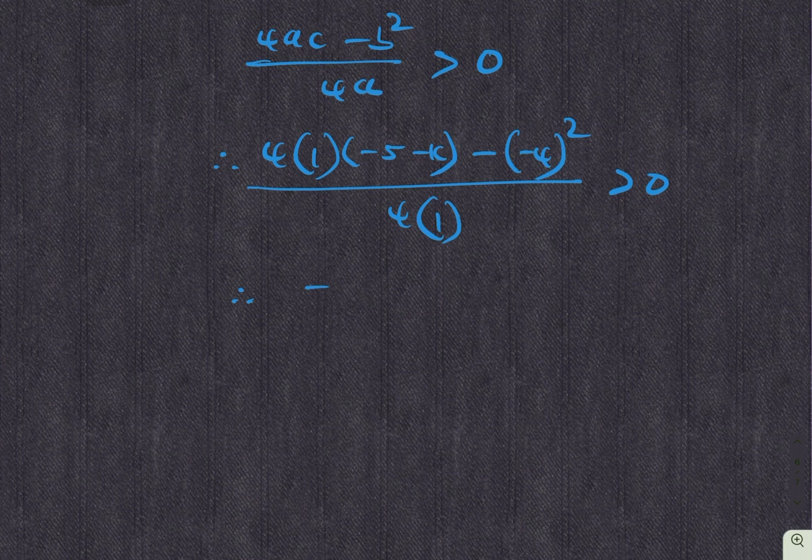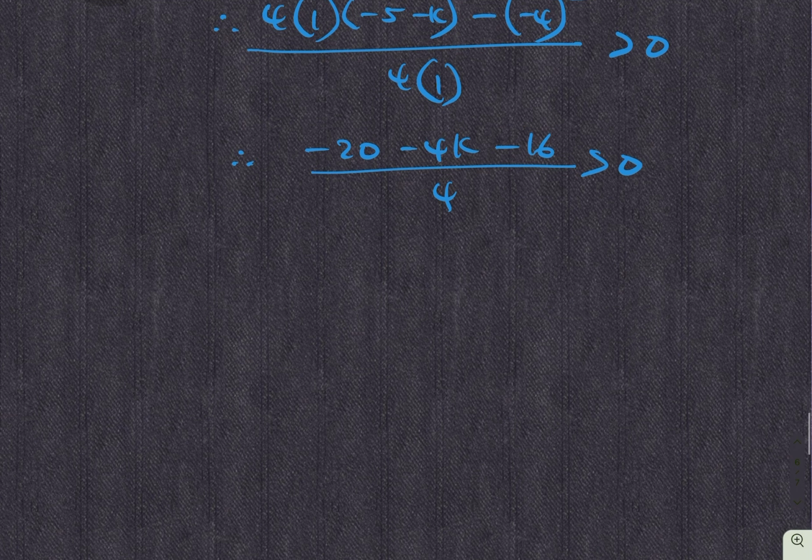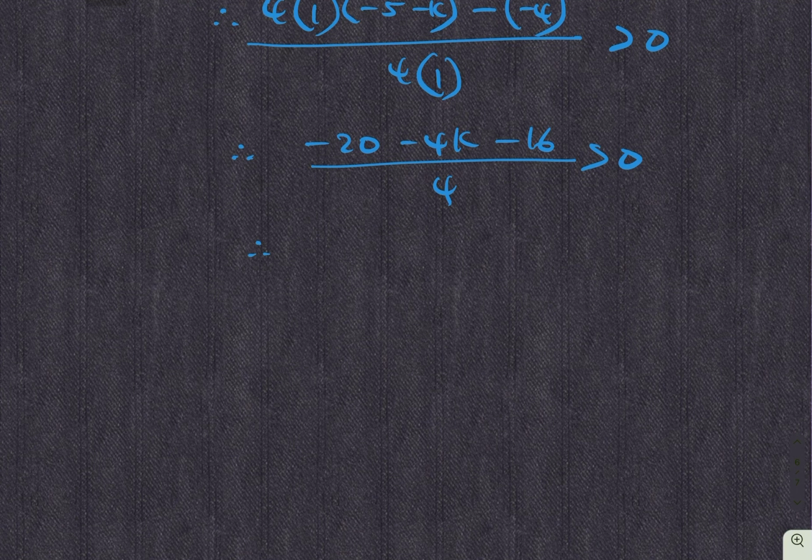This really becomes a negative 20, and then negative 4k there, and then negative 16 divided by 4 is bigger than 0. Think about it. You're going to get negative 4k, negative 20, and negative 16 is negative 36, divided by 4, is bigger than 0.